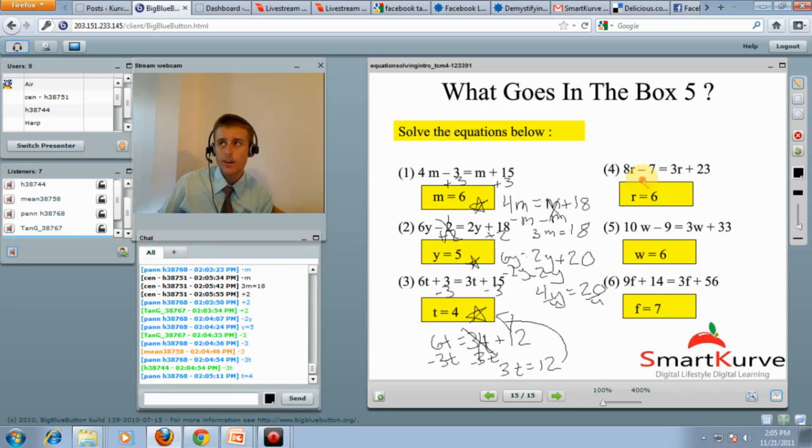Now in number 4, what's the first thing we're going to do? Correct. Add 7 to both sides. This gives us 8r equals 3r plus 30. What is the second thing we are going to do?